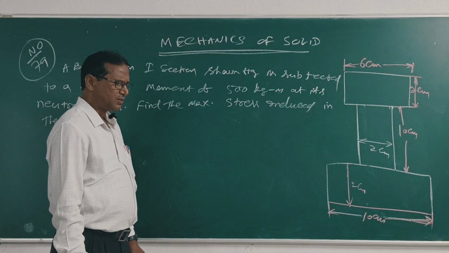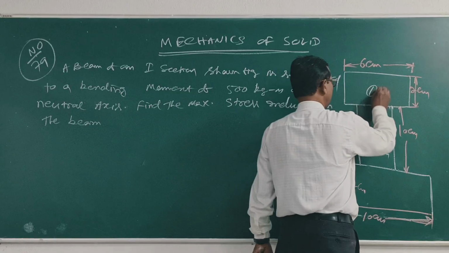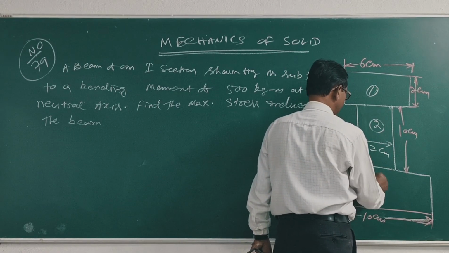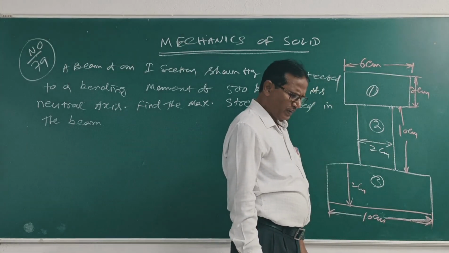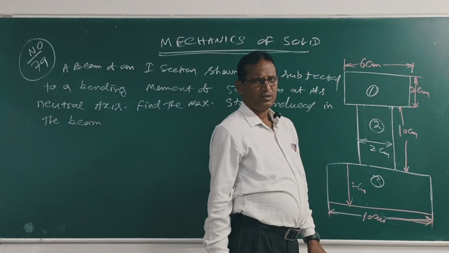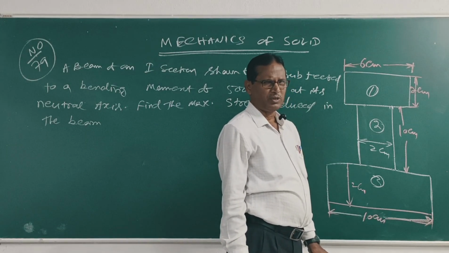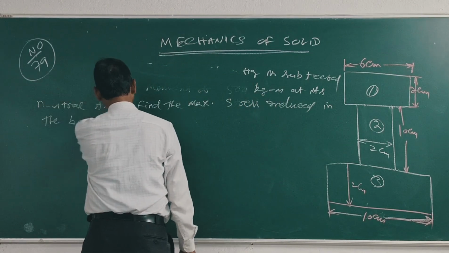Clear? Suppose this is section 1, section 2, section 3. Clear? First find out what is Y and what is I, the moment of inertia about the neutral axis and the distance of the extreme fiber from the neutral axis. Clear? So first draw a table.